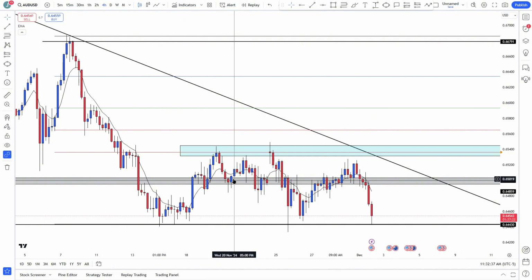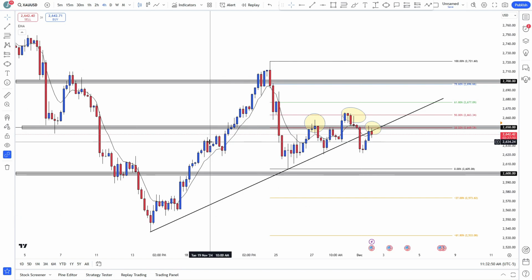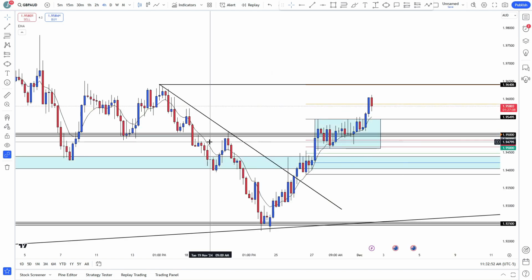So go to the week prior, use bar replay, and back test that week and see what the trades could have been. So those are the analyses for these pairs.